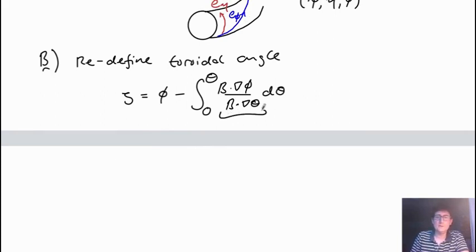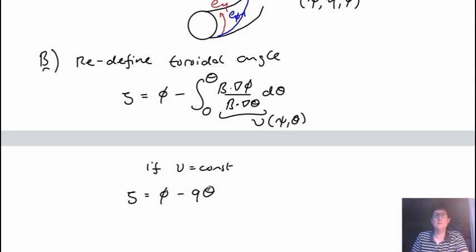So here this again is the field line pitch, which again depends on psi and theta. And if this is constant, then the whole thing can be simplified. And you just get that the new toroidal angle zeta is just phi minus q times the poloidal angle theta.